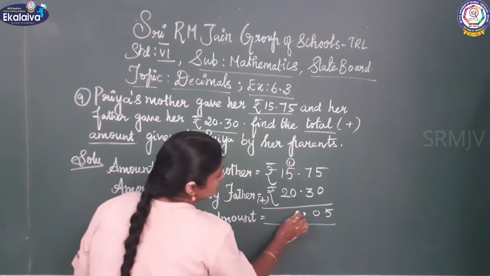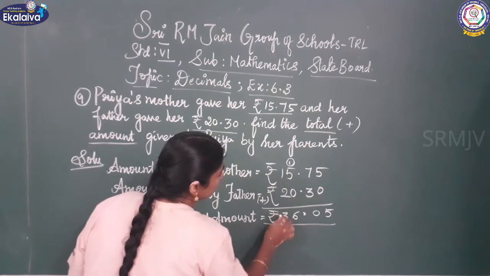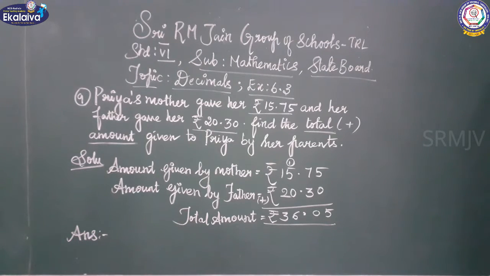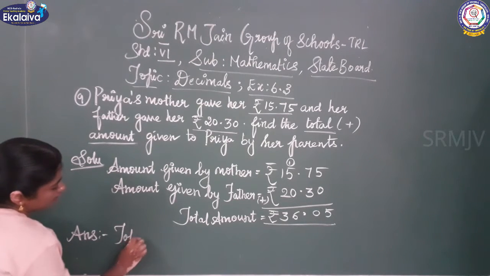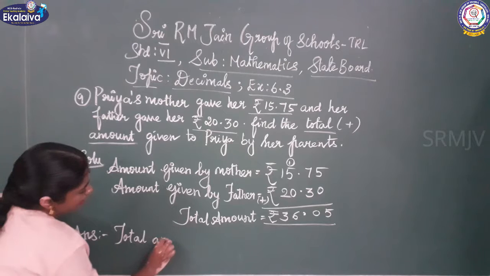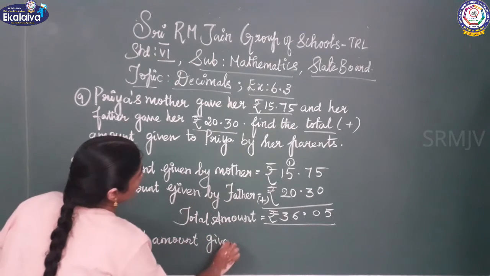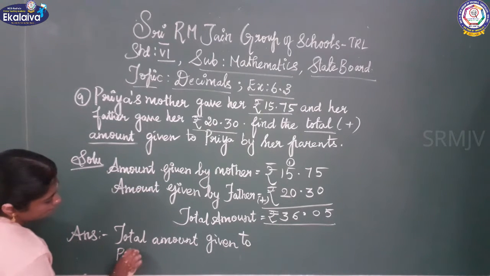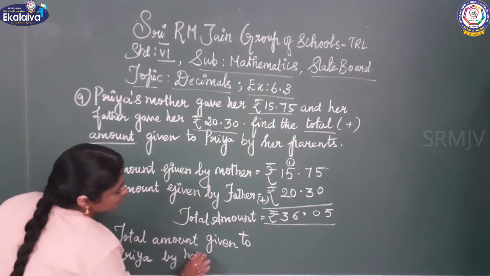1 plus 5, 6. 1 plus 2, 3. Put the rupee symbol here. Now I am going to write the answer. See, listen, what is the answer here? Total amount given to Priya by her parents.